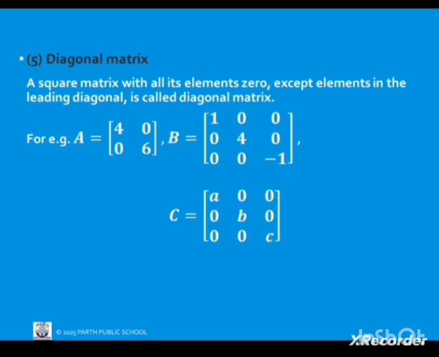Dear students, the first property of a diagonal matrix is that it should be square. A square matrix in which all elements are 0 except the elements on the leading diagonal, and the diagonal is always left to right, not right to left. We have to count the diagonal from left to right. The diagonal elements will be given and the other elements are equal to 0. So this is called the diagonal matrix.